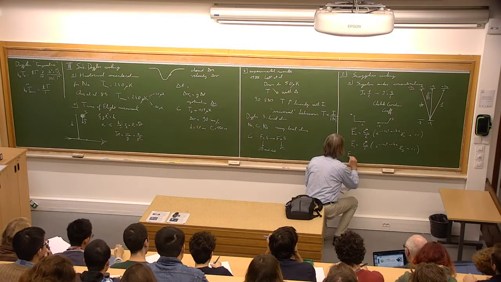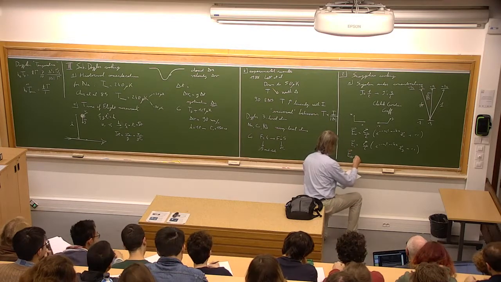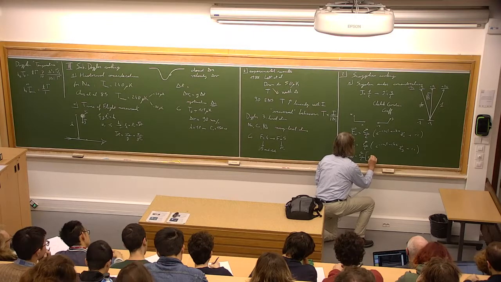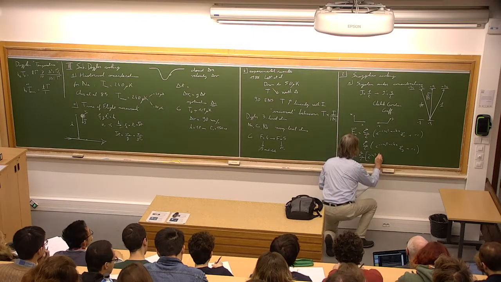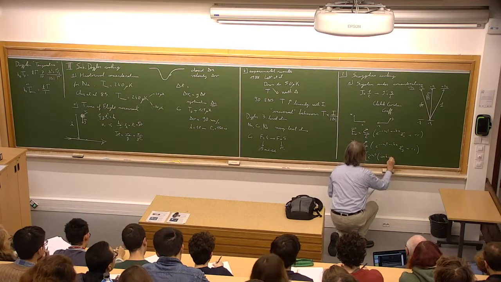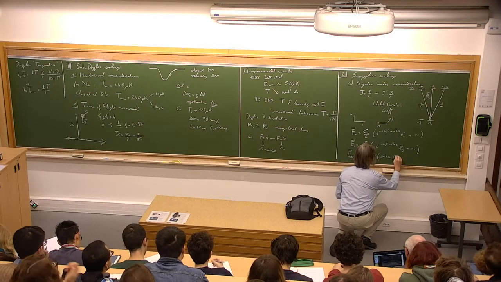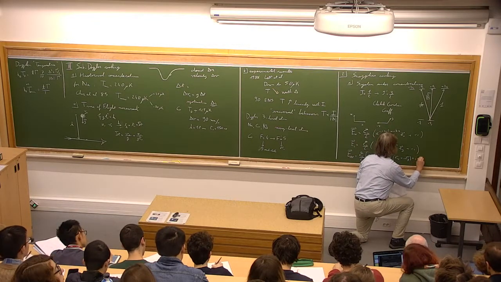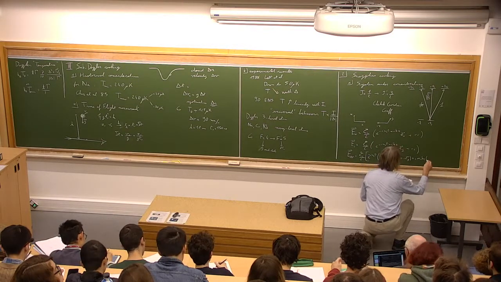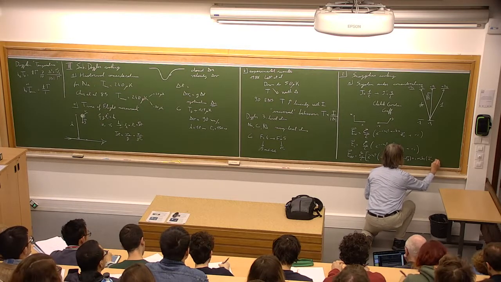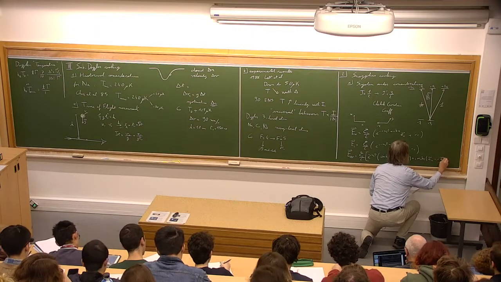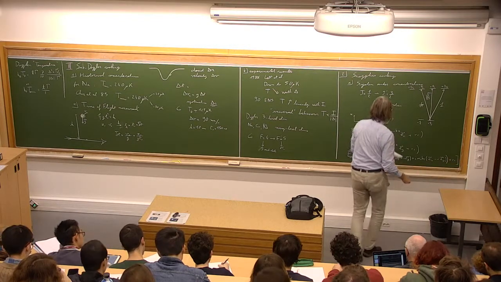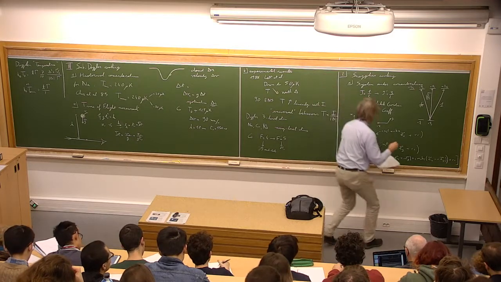And if I introduce the sigma plus and sigma minus light, I will have exponential minus i omega_L t times cos kz, plus i sin kz, and here I have the other polarization, plus c.c. And so there are the sigma plus and sigma minus.